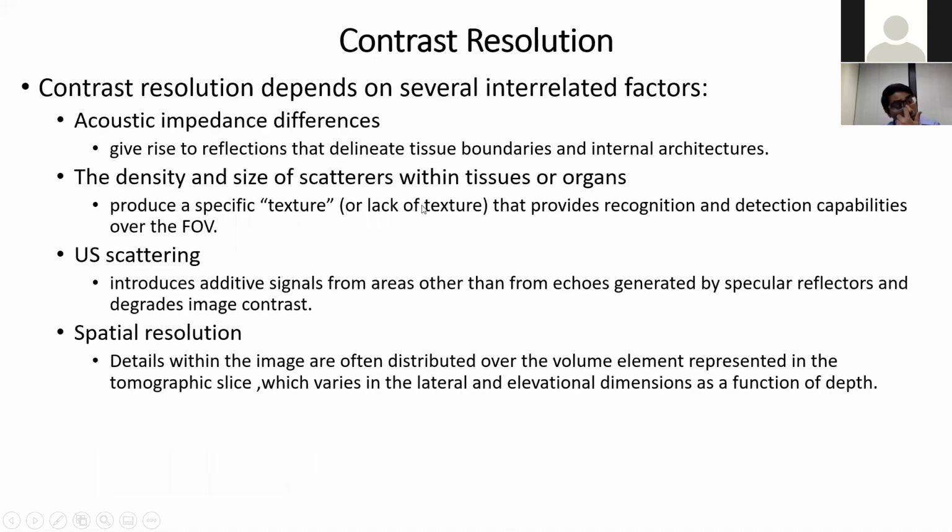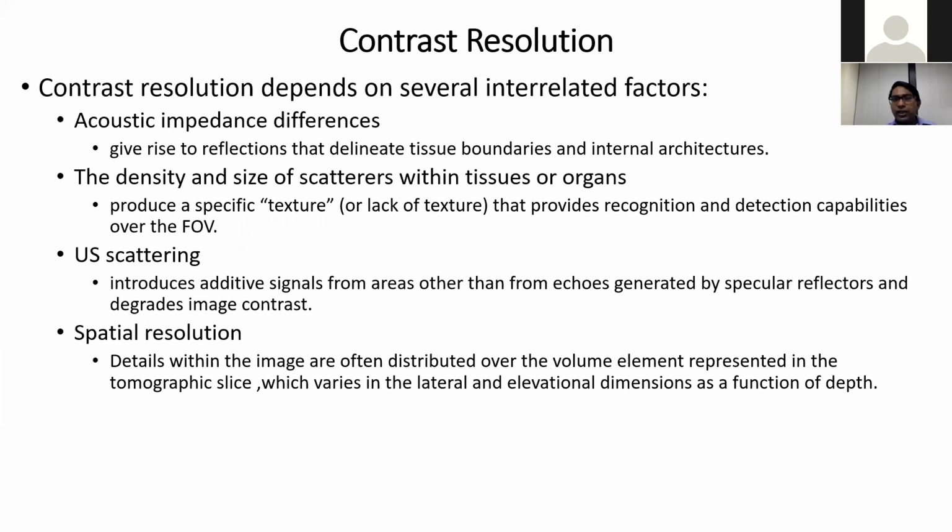The other more important parameter is contrast resolution. Contrast resolution basically determines what the acoustic impedance difference is between different tissue boundaries and how clearly we can identify one tissue or organ from another. And again, it's driven by the acoustic properties of the medium.